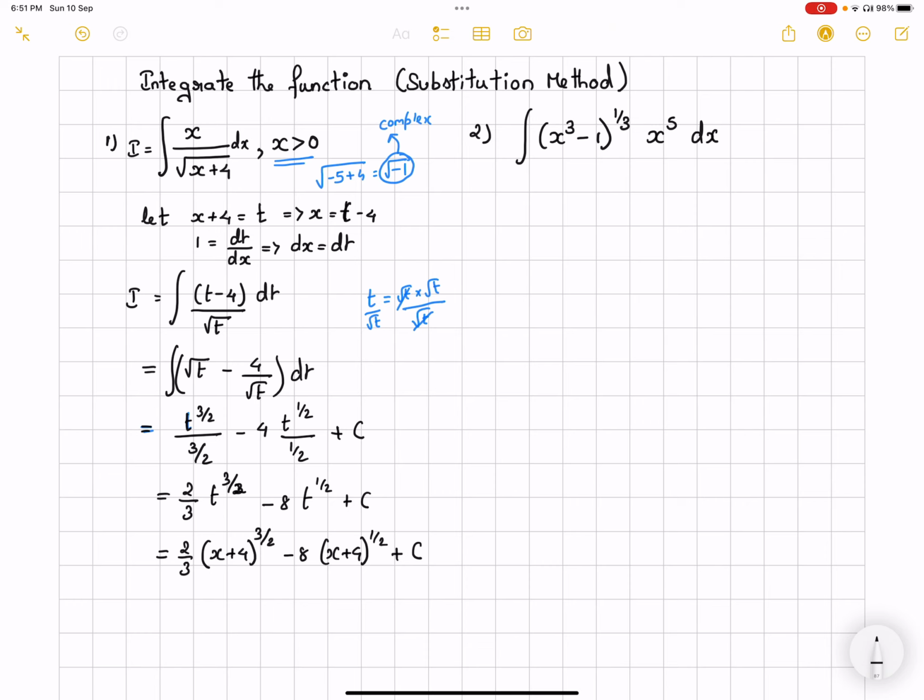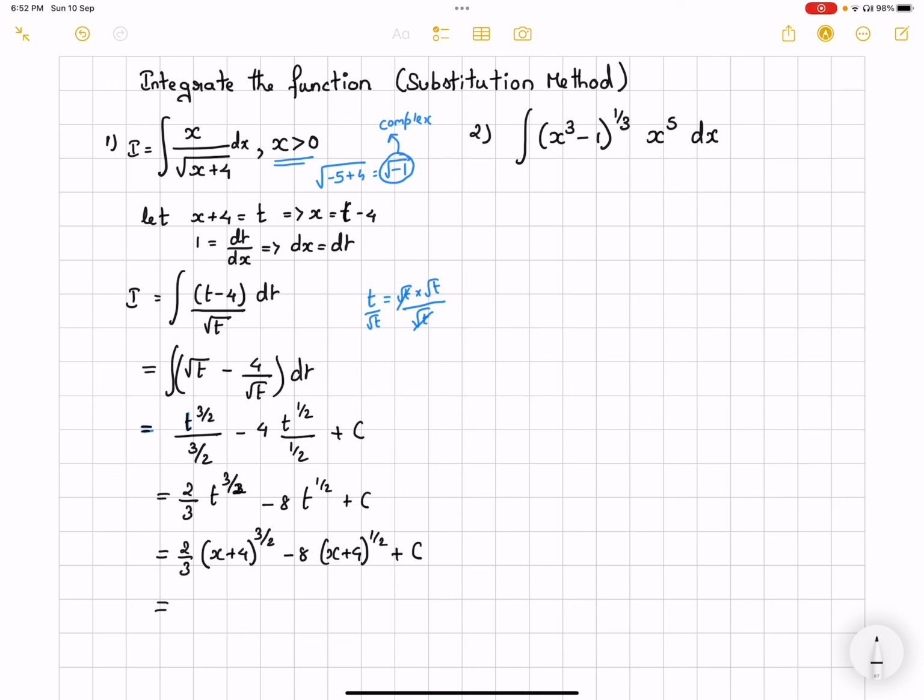Now here, x plus 4 whole to the power 1 by 2 is common. If I take that out, what would be remaining here is x plus 4.